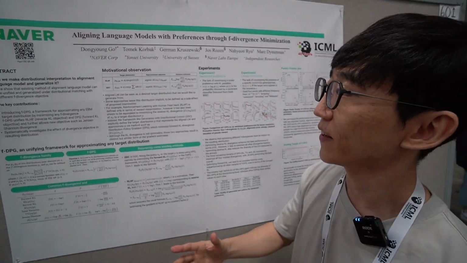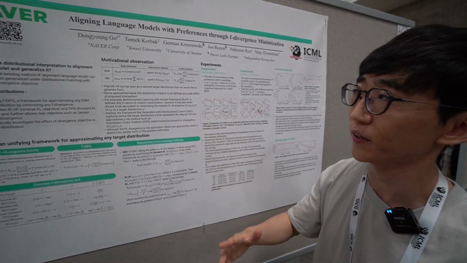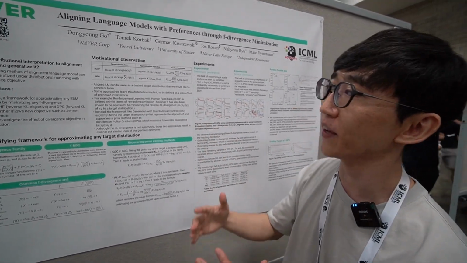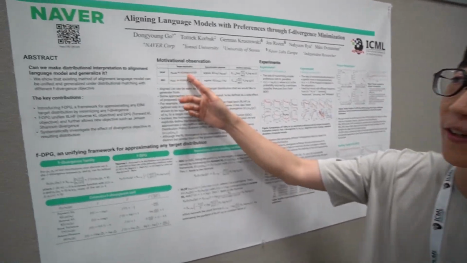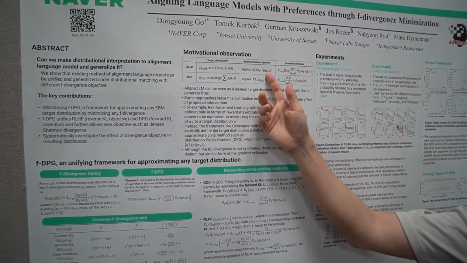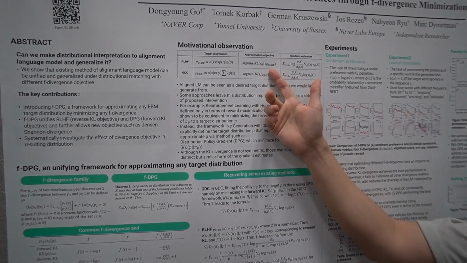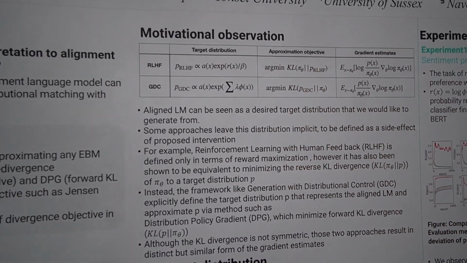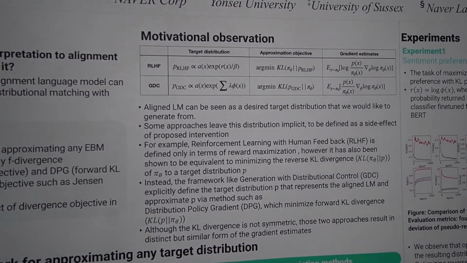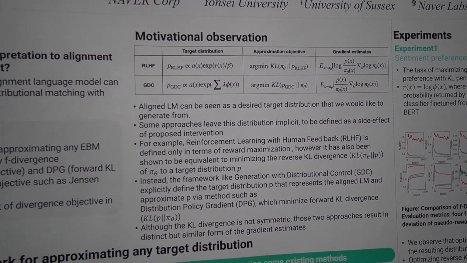But the thing is that RLHF can be interpreted in the distributional approach. They implicitly define the target distribution and then minimize the reverse KL divergence. That's the way they train the neural network pi theta to approximate the P-RLHF.